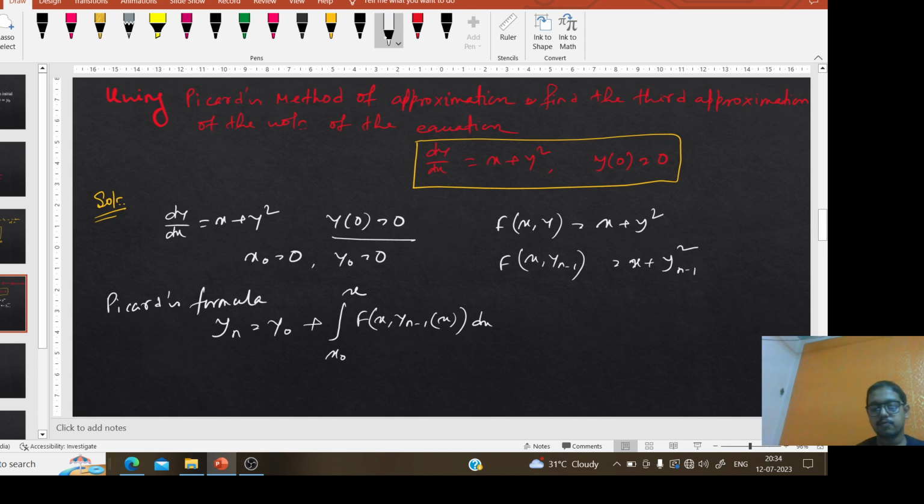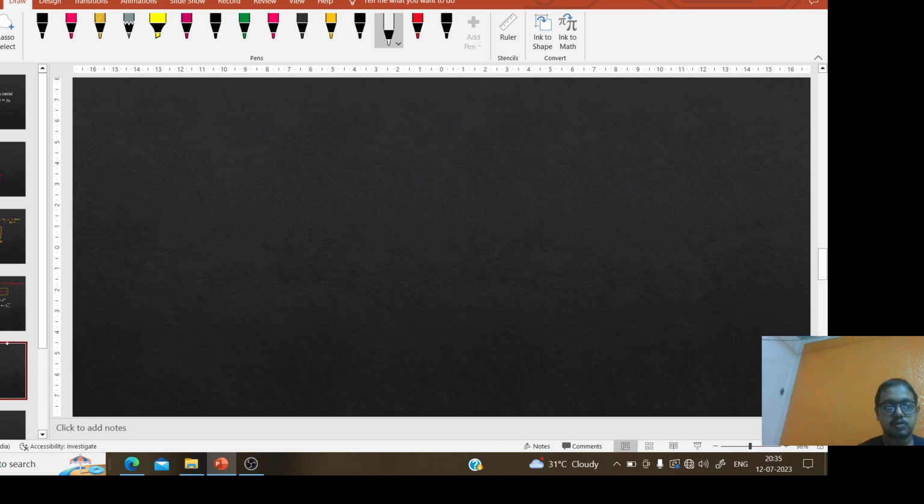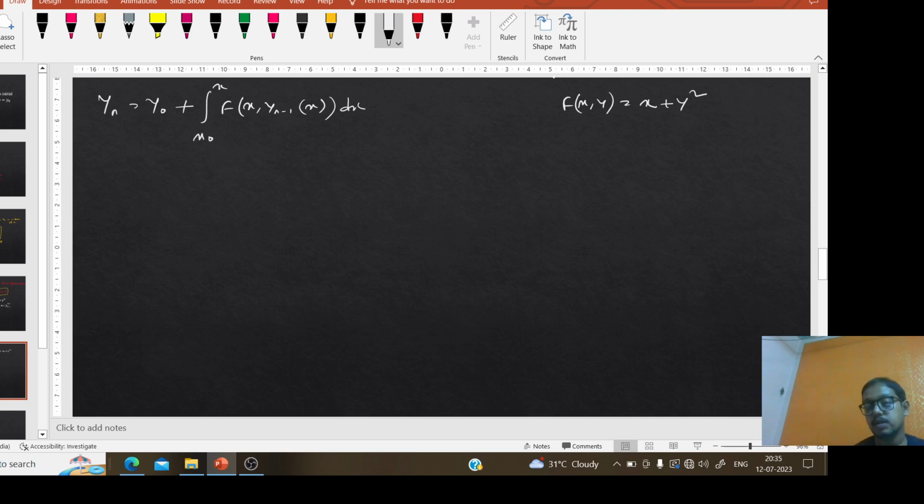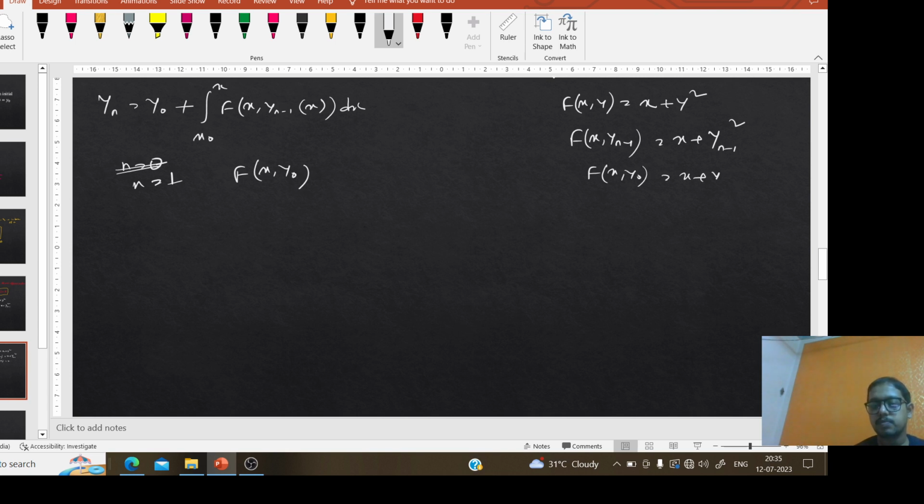Now in this formula, since f of x, y is x plus y square, if we put n is equal to 1, we get f of x, y0 is equal to x plus y0 square.